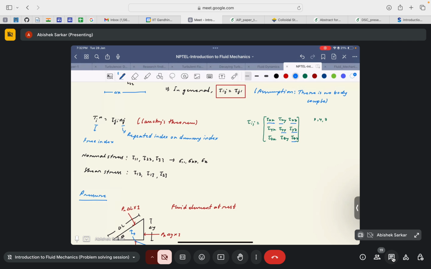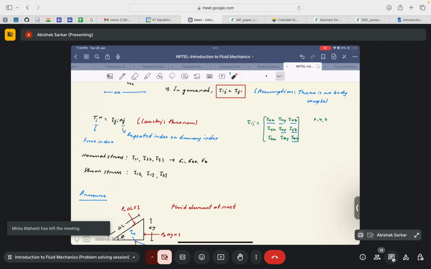So these would be the 6 independent stress components, and this would be equal to this one because of the symmetric nature of the stress component. This would be equal to this one because of the symmetry, and this would be equal to this one. And that's why he mentioned that usually there are 6 variables, because the stress tensor is symmetric, and we're able to write Cauchy's theorem in this manner.